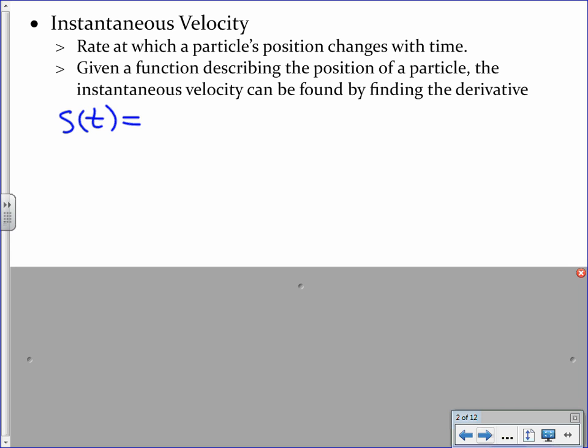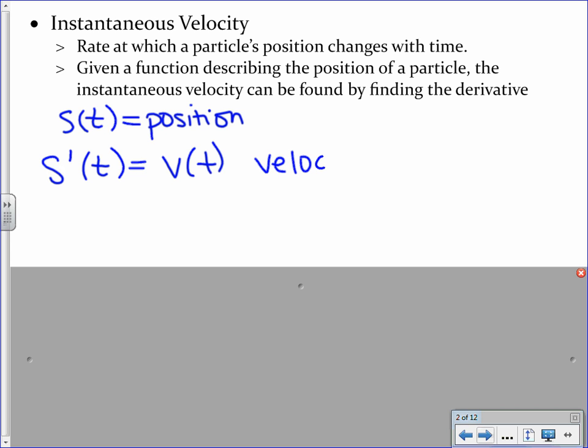S of t is our position. If we take the derivative of our position, that is going to represent our velocity, the change in distance over the change in time, right? And the second derivative, yes, indeed.